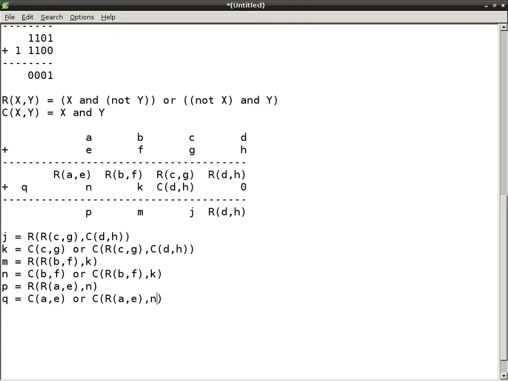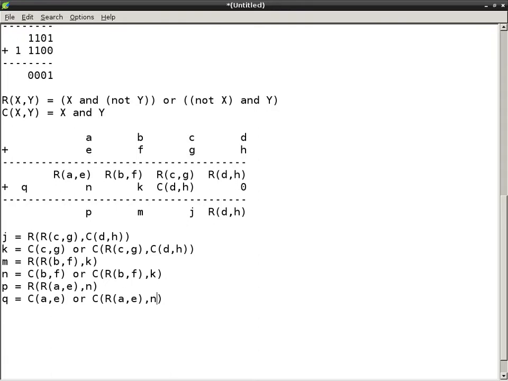The second column starts with a half adder that takes the inputs from bit C and bit G. The result of the half adder, which is RCG, is here, and then the carry of adding C and G is here.